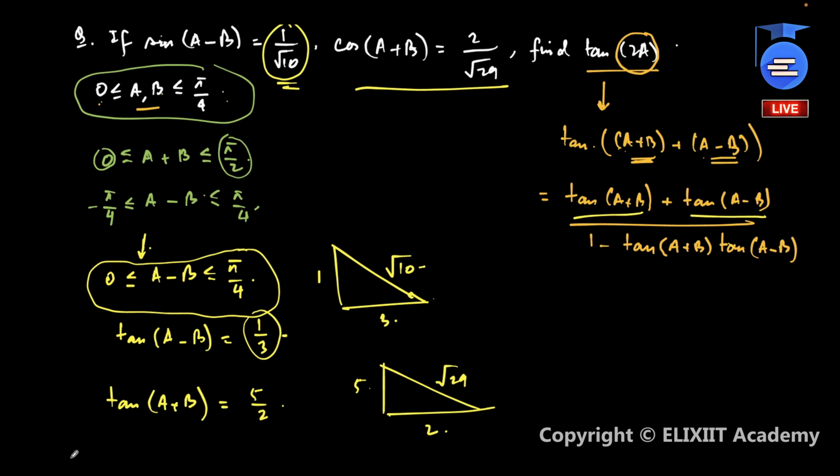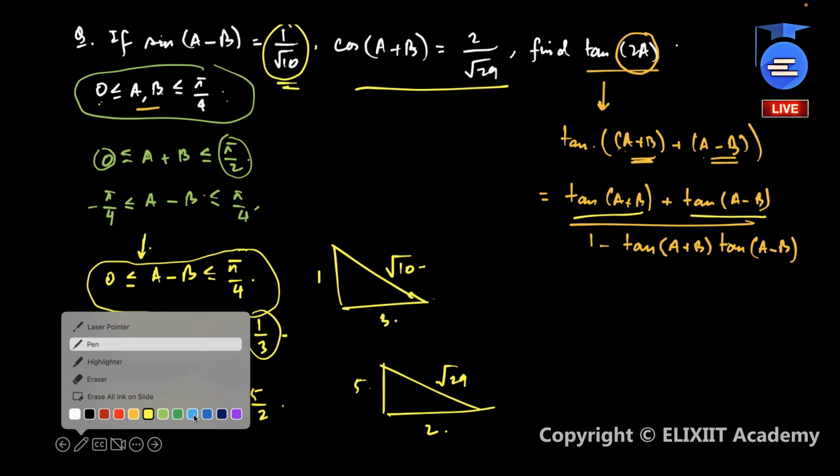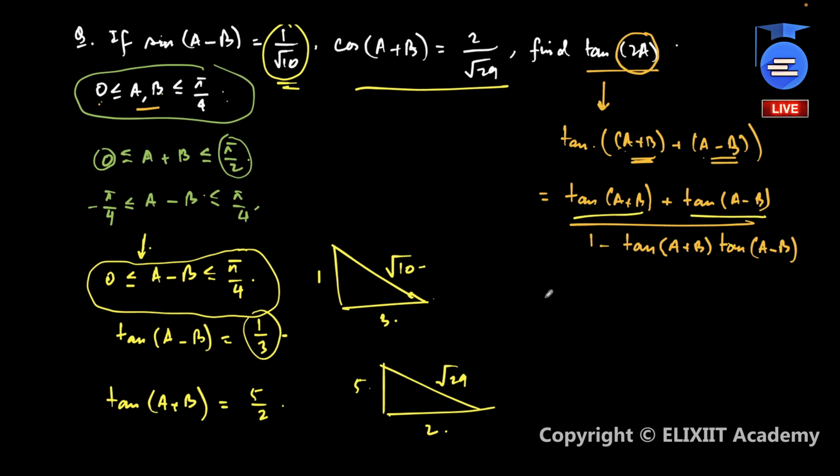So now we have all these values. What we can do, we can simply take this and put this over here in this expression. Tan A plus B is 5/2. Tan A minus B is 1/3 upon 1 minus tan A plus B, which is 5/2, and tan A minus B, which is 1/3. Now simply calculate this thing. This is how much? Tell me, what are you getting?